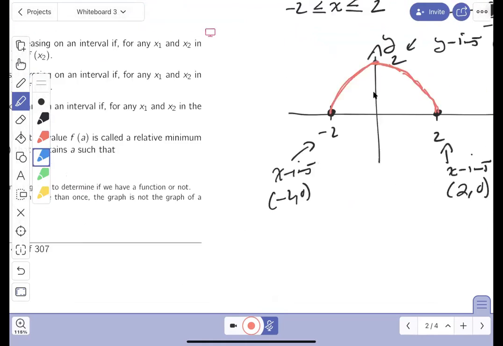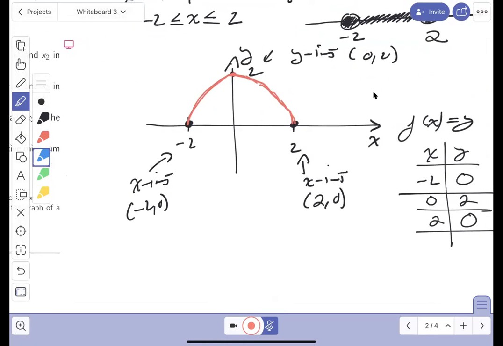I want to go back to my picture over here. I'm going to say this function f of x is increasing on the open interval. Well, as you move left to right, where's it going up?